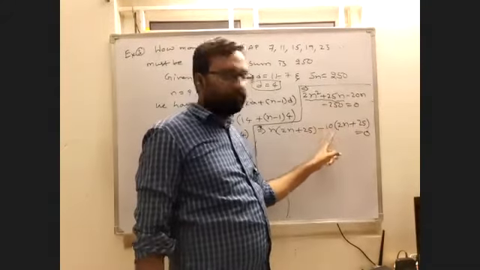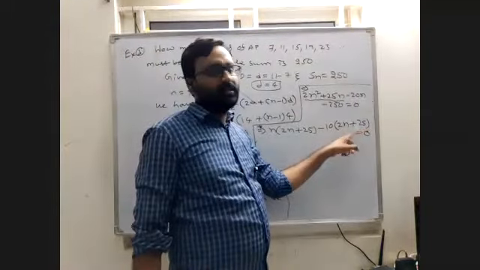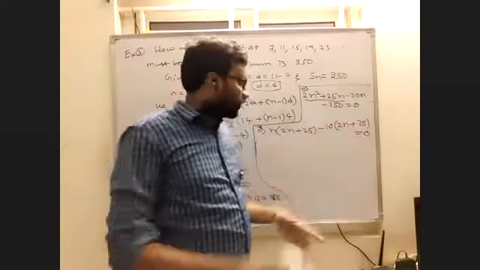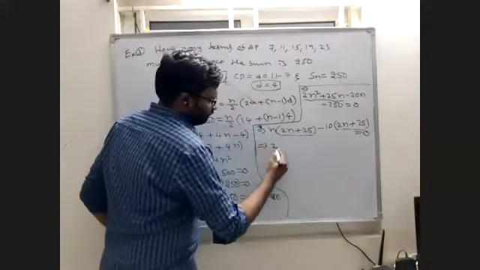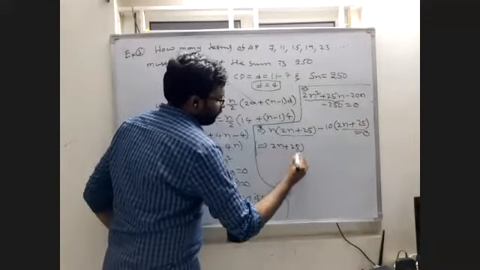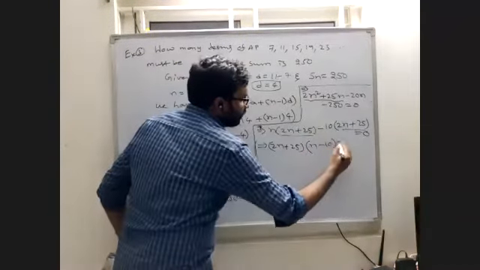And from 250 I am taking common 10, remaining multiple 25 is there. Now again we can take 2n plus 25 common. Remaining here n, here minus 10 is equal to 0.